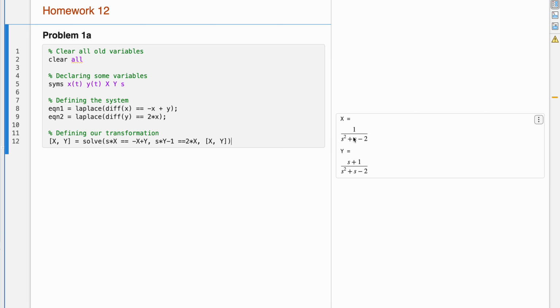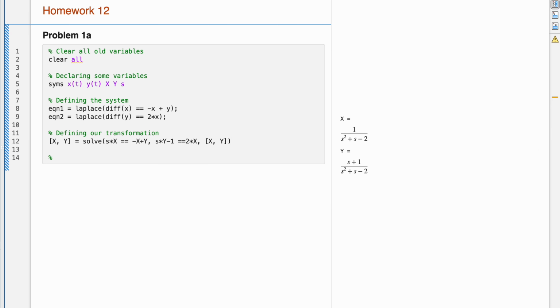Now remember what we had in our paper. In our paper, we had s plus 1 over s squared plus s minus 2. They just multiplied the s times the s plus 1. And so the denominator is the same, so so far we have the same thing we did by hand.